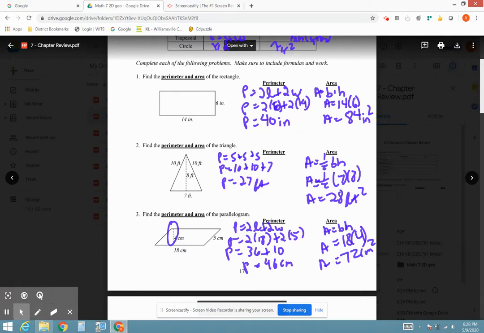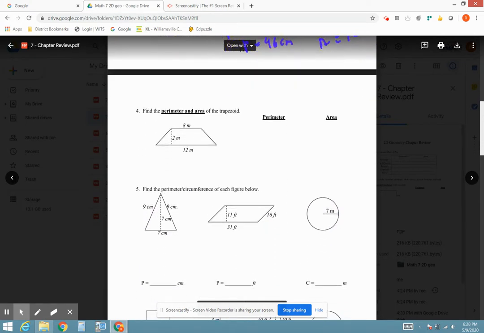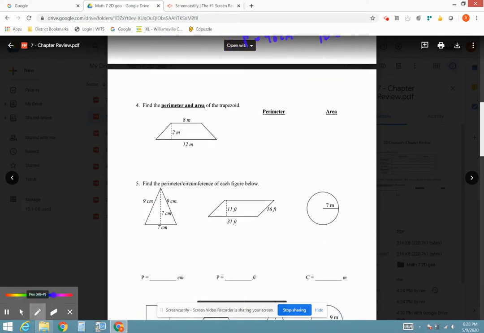All right, so that's rectangle, triangle, parallelogram. Last one we did was a trapezoid. So perimeter. I can't find the perimeter because I'm missing a measurement. Okay, let's make it, I don't know, 4.